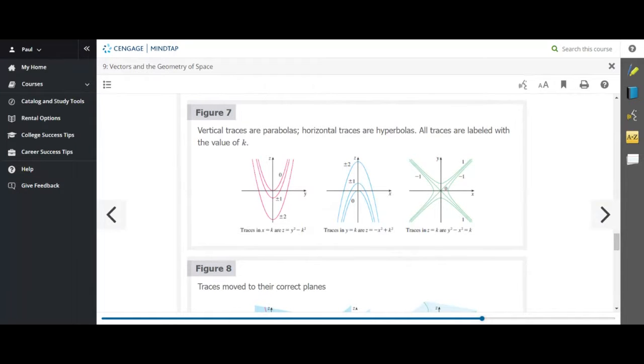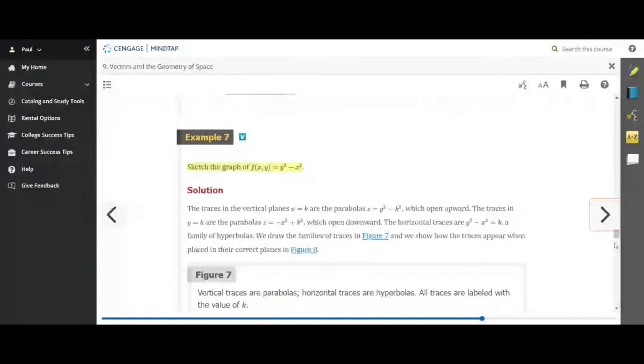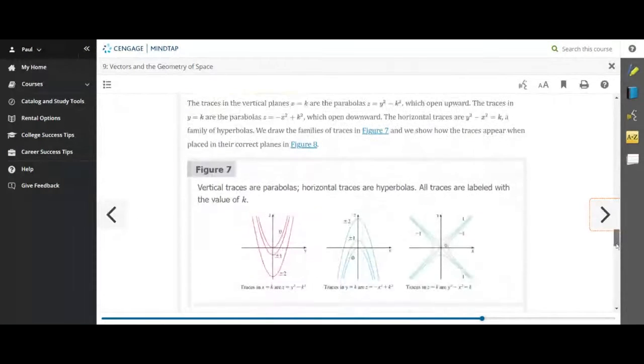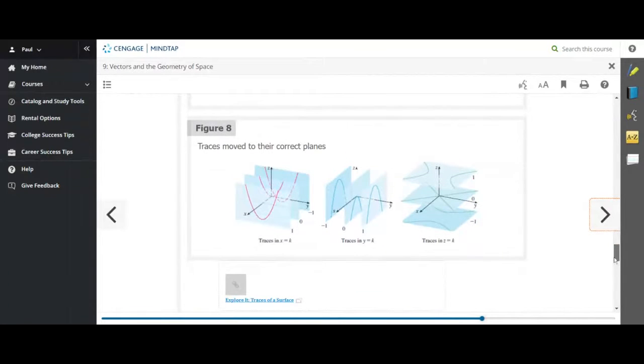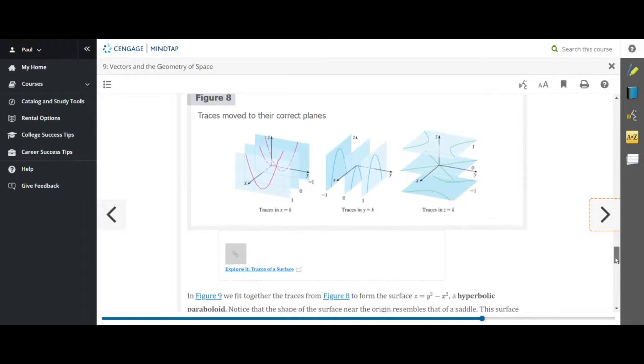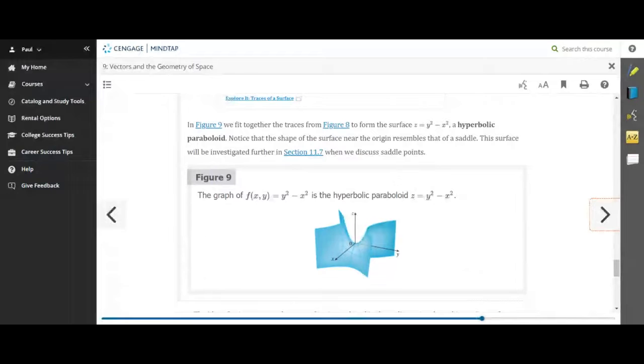If you put all this information together, we can use MATLAB to graph this surface. But if you were to do it using traces, which is what I had to do when I took multivariable calculus, you put the traces together and you graph out a hyperbolic paraboloid.